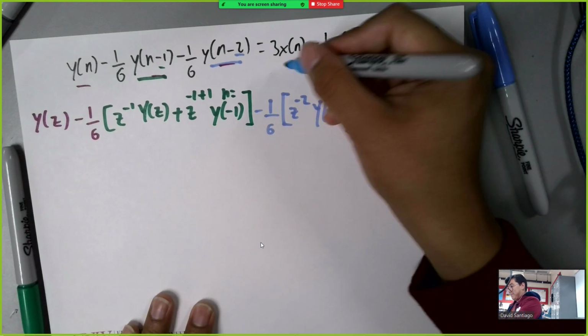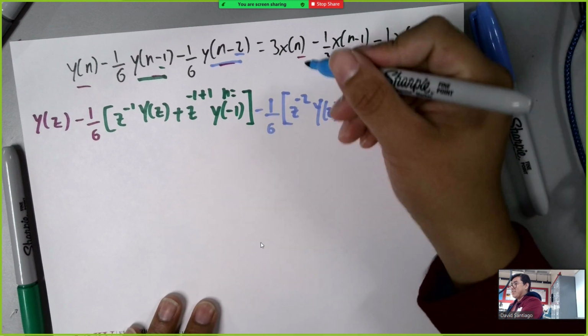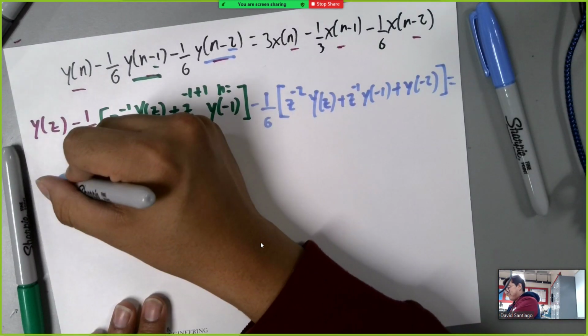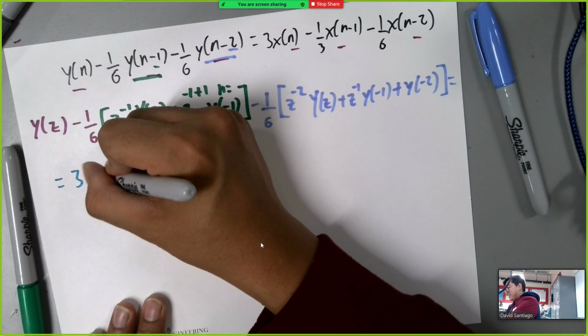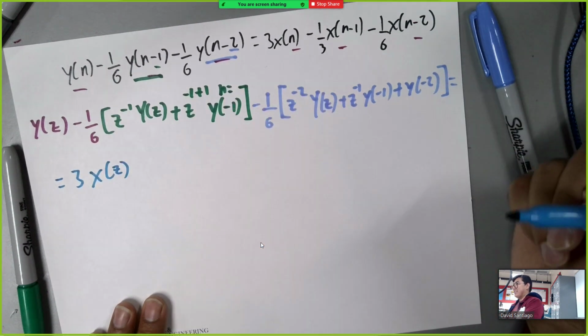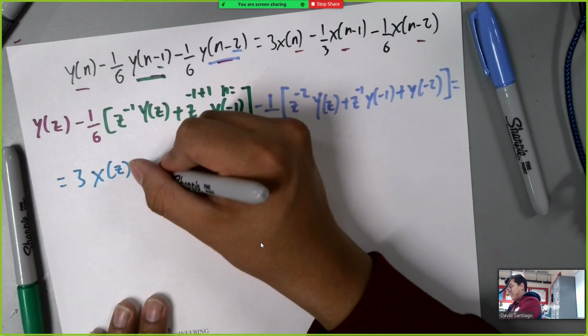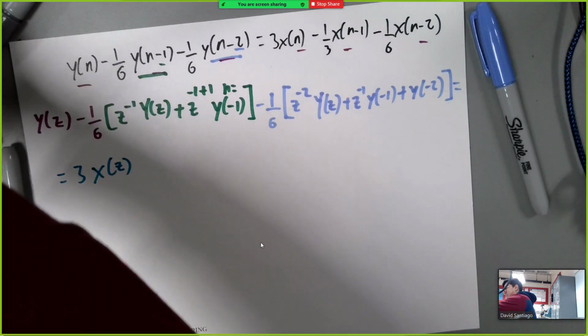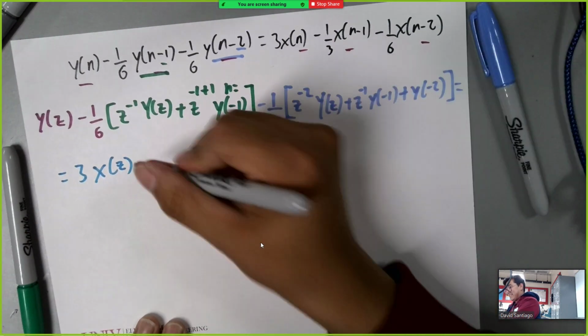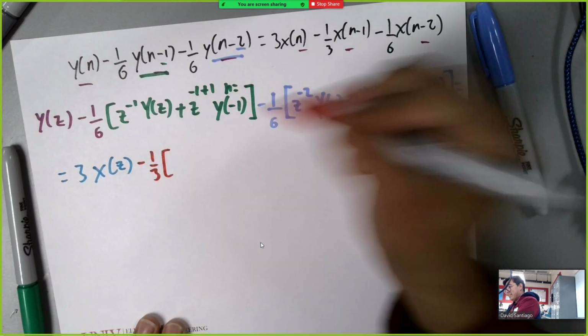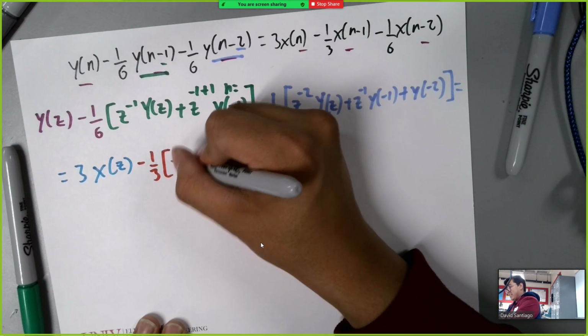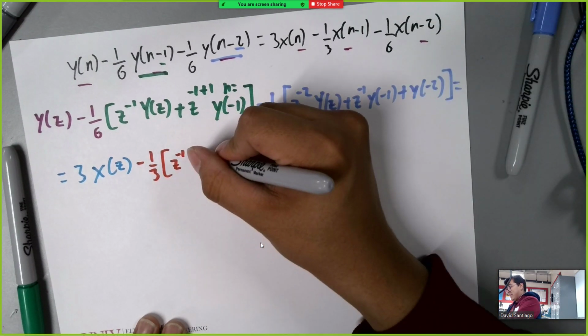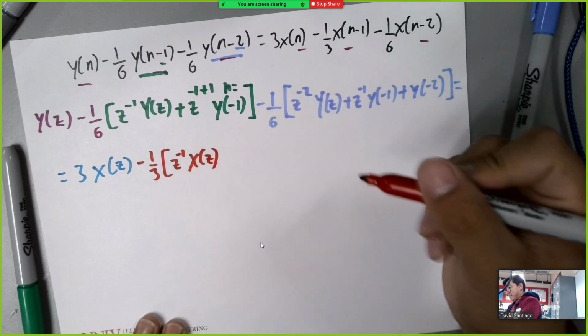And that should be not that bad. So what's the z transform of x of n? 3X of z. There you go. Easy. And now let's do the next one. Let's color code this a lot. Minus 1/3, and then we have one delay, z to the minus 1, X of z. There we go.